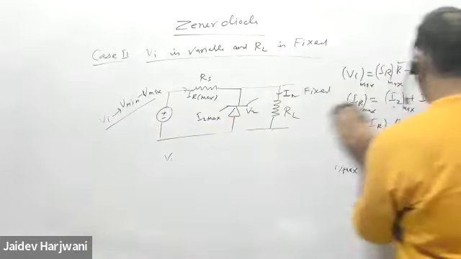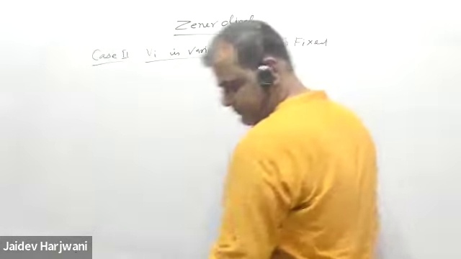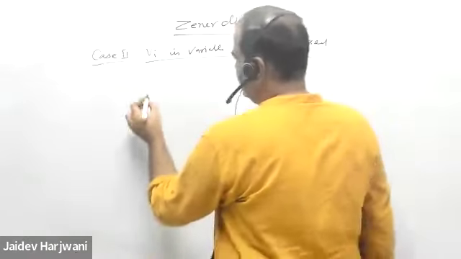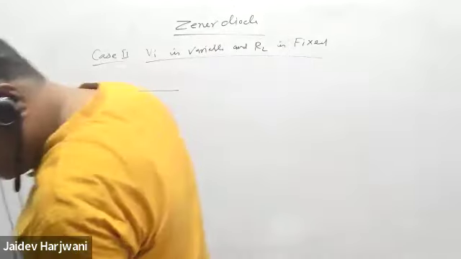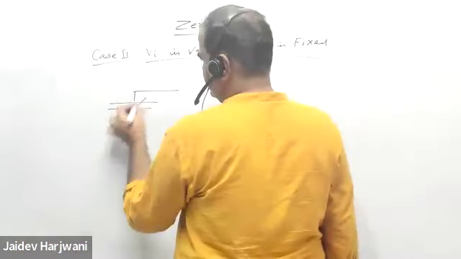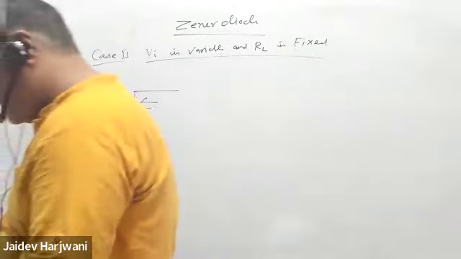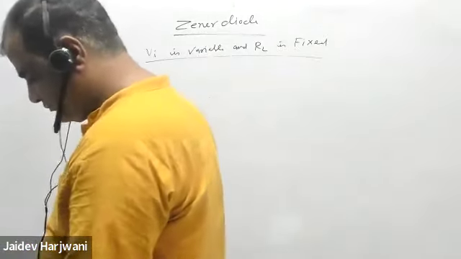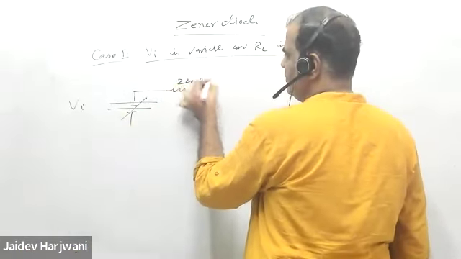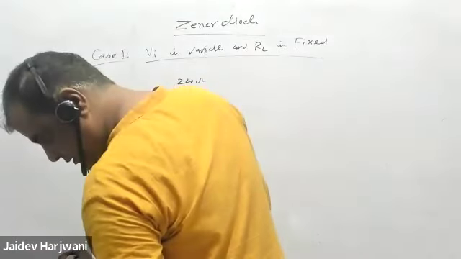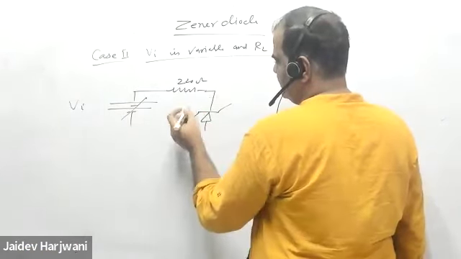So let us understand with one example. I have, say, a circuit where V input is changing. RS value is 220 ohm. Vz is 20 volt.